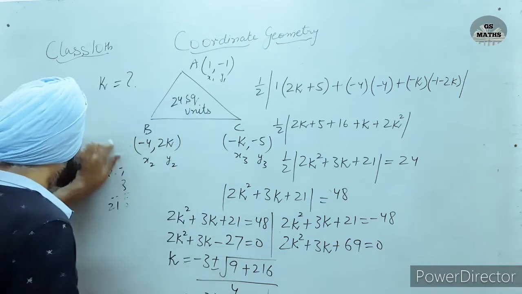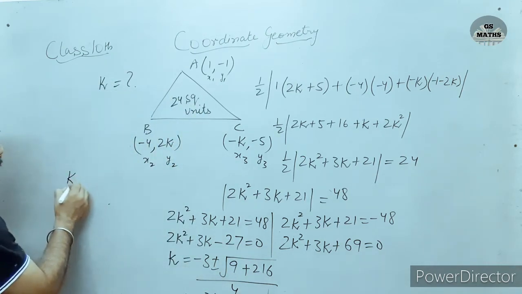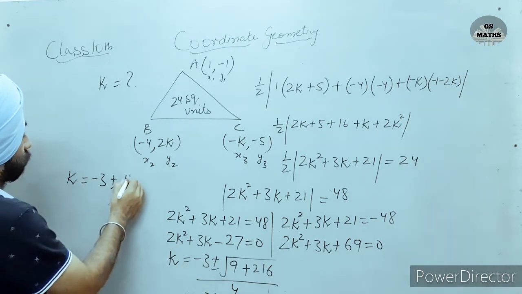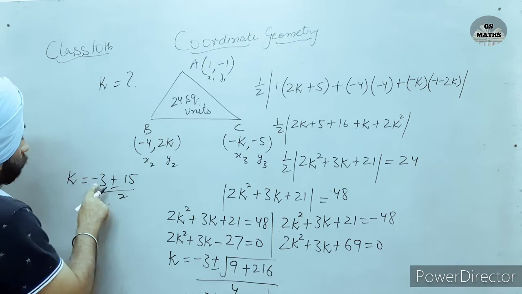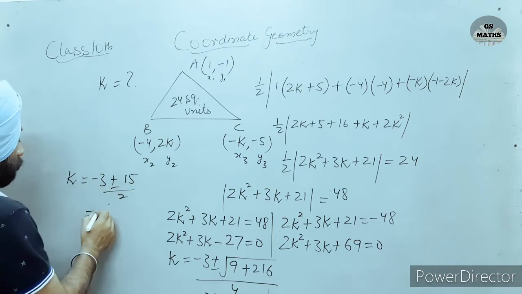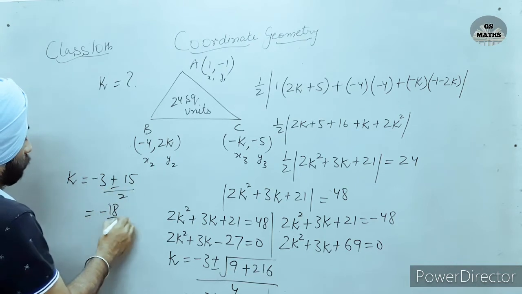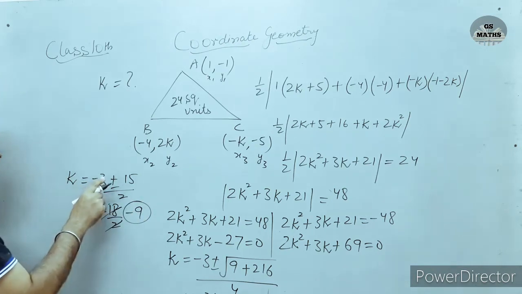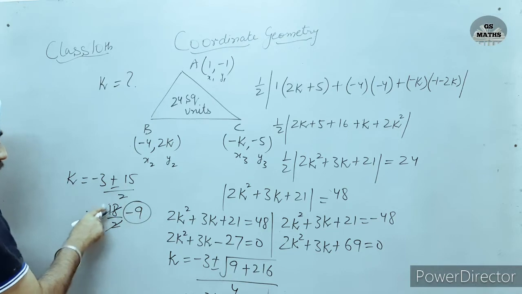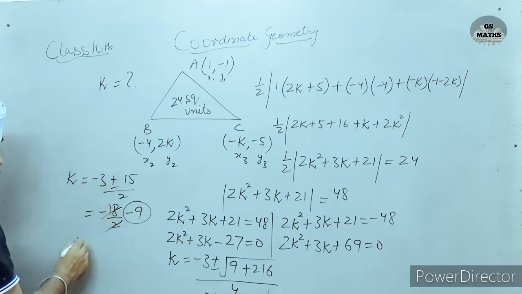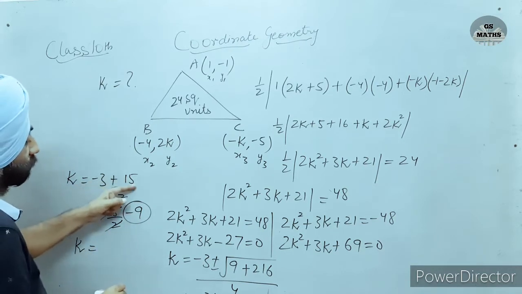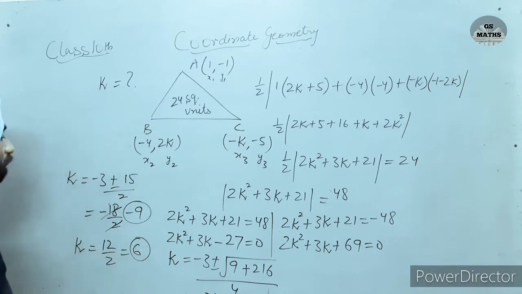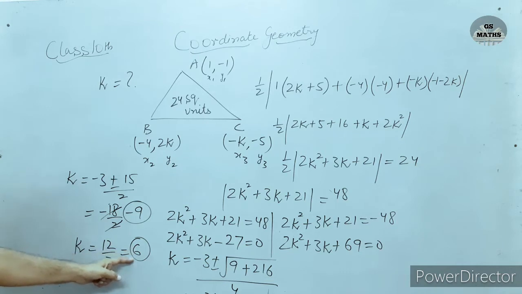So I get the answer as k equals minus 3 plus minus under root of 225, which is 15, divided by 2. Minus 3 minus 15, that is minus 18 by 2, that is minus 9. I have taken the negative sign first. Then k is equal to minus 3 plus 15, that is 12 by 2, it is equal to 6. These are the values of k, minus 9 and positive 6.